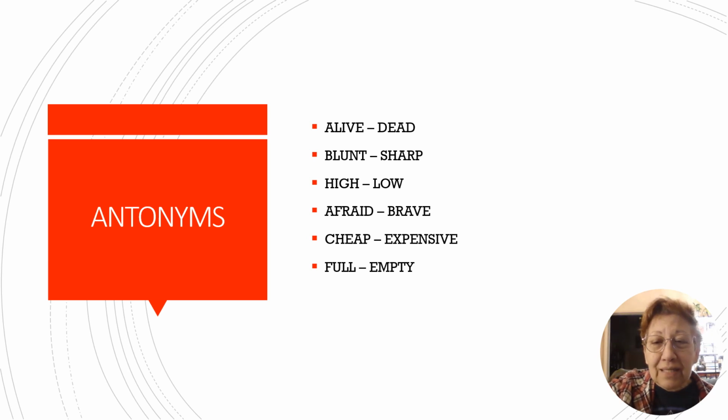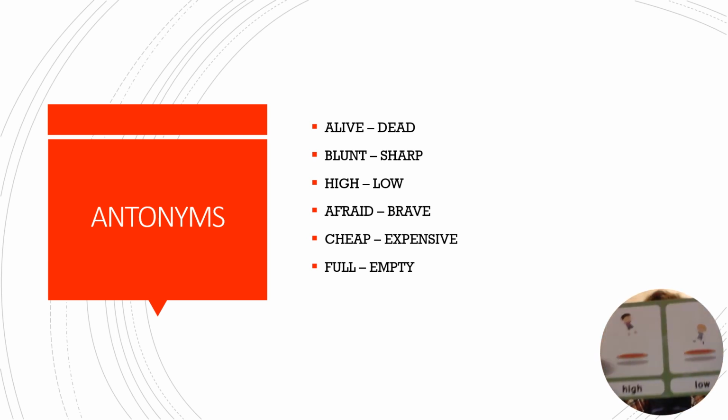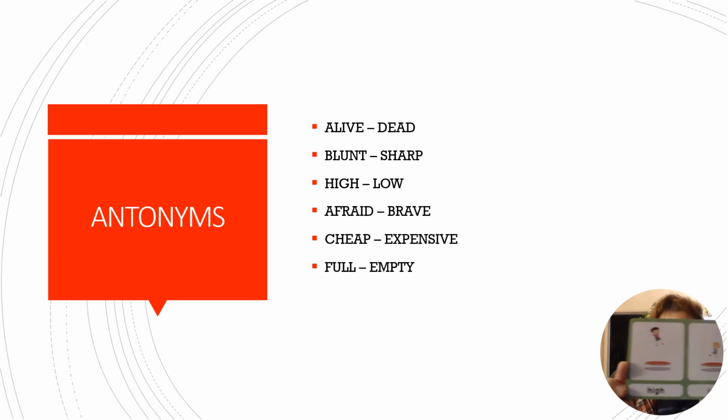And when they're coming down, they're coming down low. See the pictures? You see the trampoline? On one side, you see the child jumping up high in the air. And now he's coming down low. So high and low.